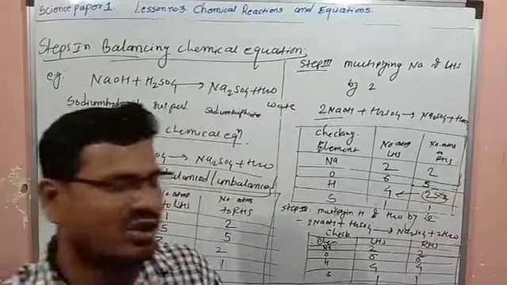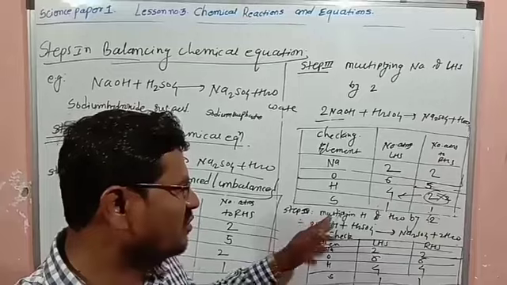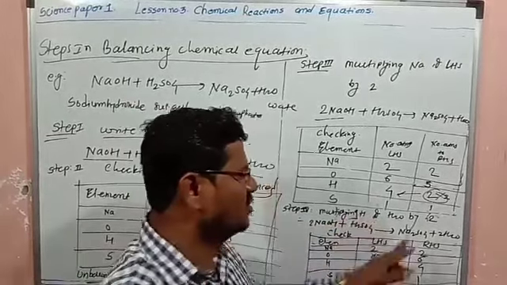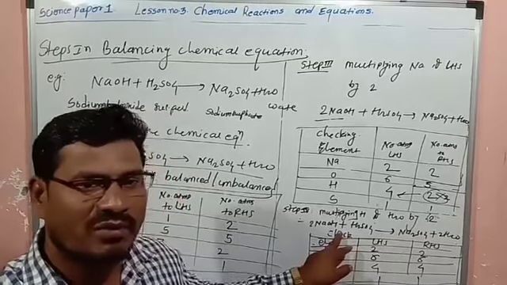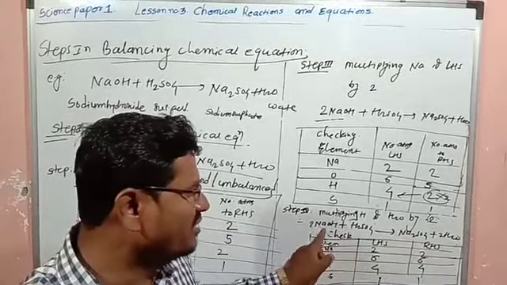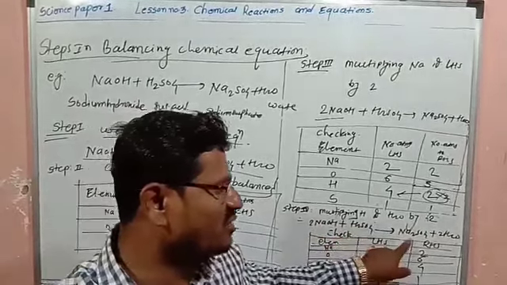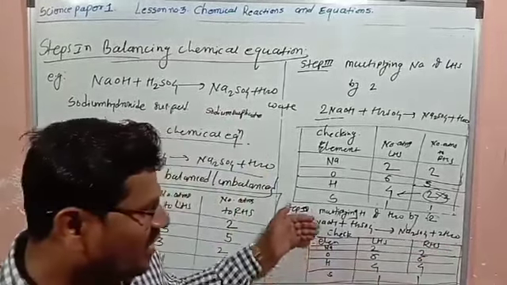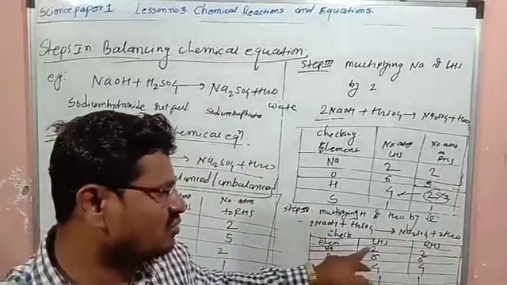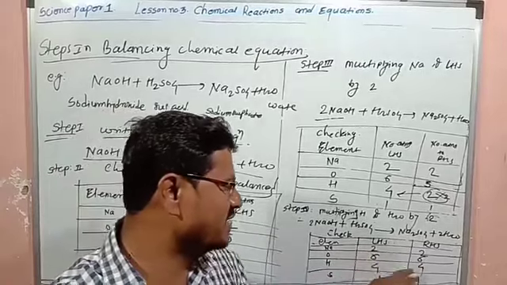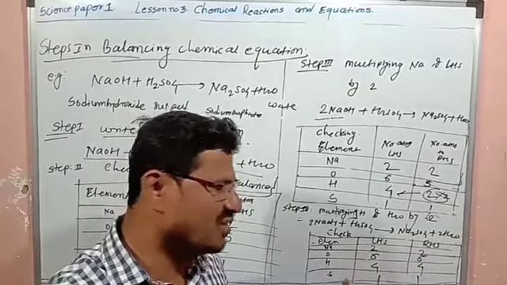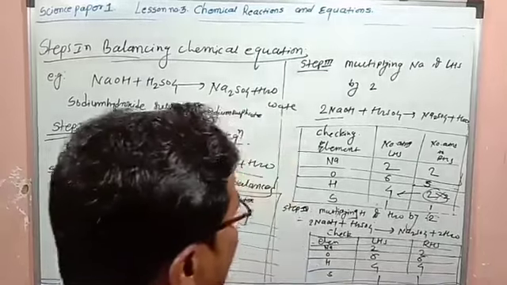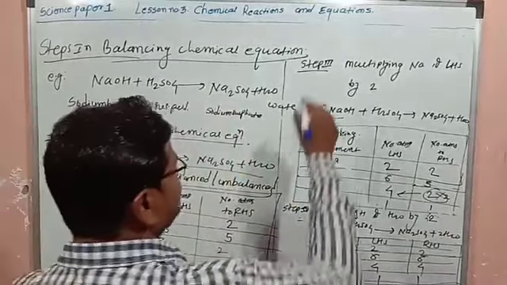In the fourth step, you multiply the hydrogen of H2O by the factor 2, then twice NaOH plus H2SO4 gives Na2SO4 plus twice H2O. After this you check: sodium 2, 2, oxygen 6, 6, hydrogen 4, 4, and sulfur 1, 1. Then this chemical equation is balanced.